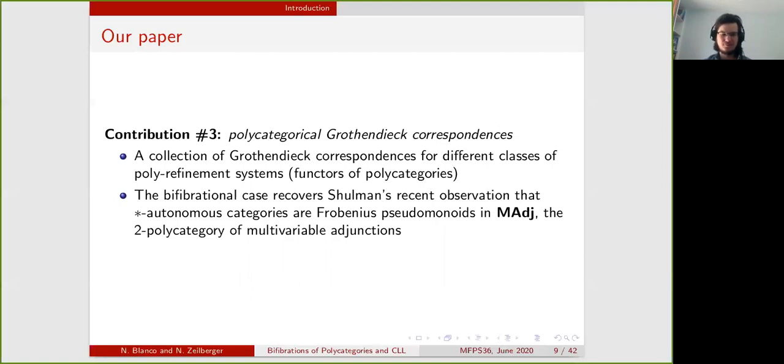So we give a collection of different Grothendieck correspondences in the polycategorical case, where, for example, we give a one-to-one correspondence between, on one hand, bifibrations of polycategories, and on the other hand, pseudo-functors that go into the two-polycategory of multivariable adjunctions. So using this fact, we recover an observation by Max Schulman that star-autonomous categories are Frobenius pseudomonoids in this two-polycategory.